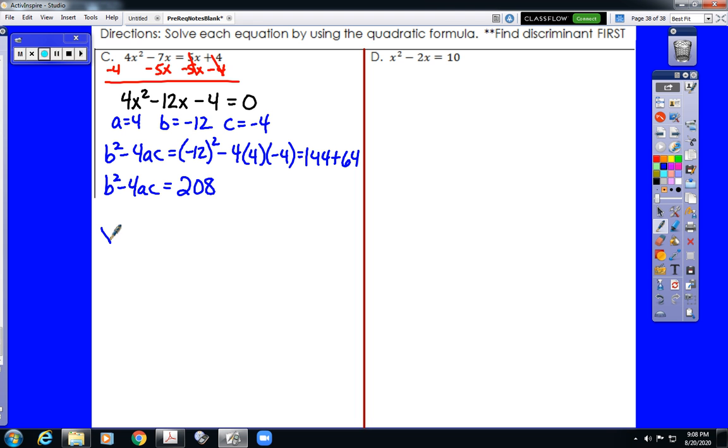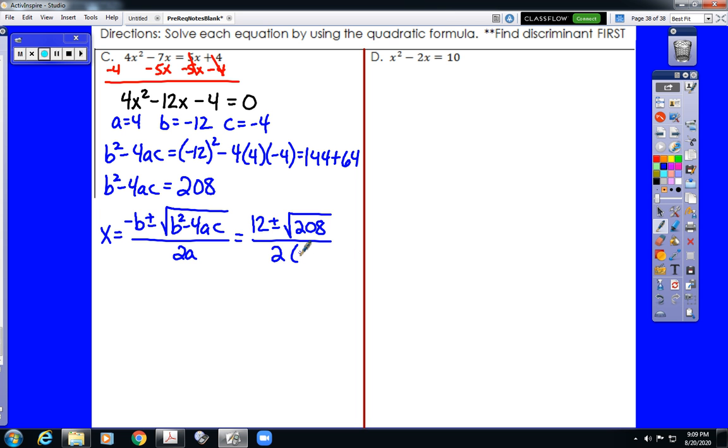We then turn our attention to the quadratic formula, negative b plus or minus the square root of the discriminant over 2a. That would be the opposite of b, positive 12, plus or minus the square root of 208 over 2 times 4.